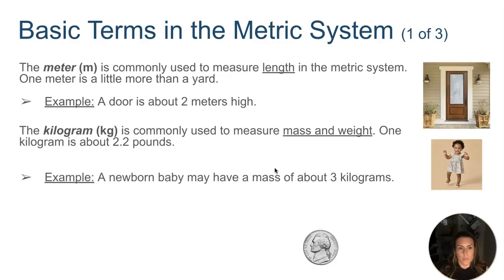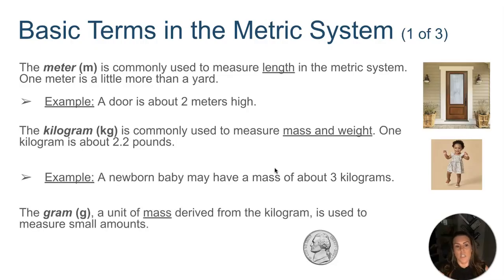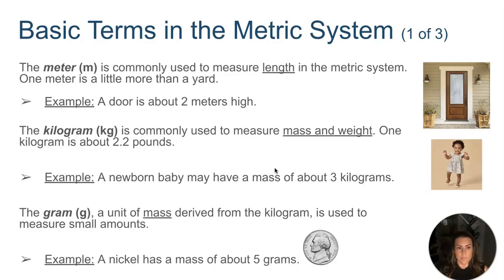For example, a newborn baby may have a mass of about 3 kilograms. But in general, when we're measuring mass and weight, we use grams. So you can have kilograms, milligrams, centigrams, and so on. A nickel has a mass of about 5 grams.